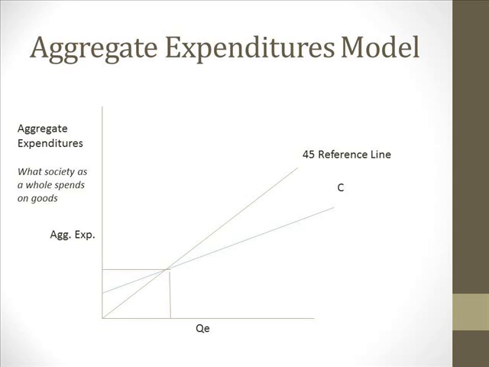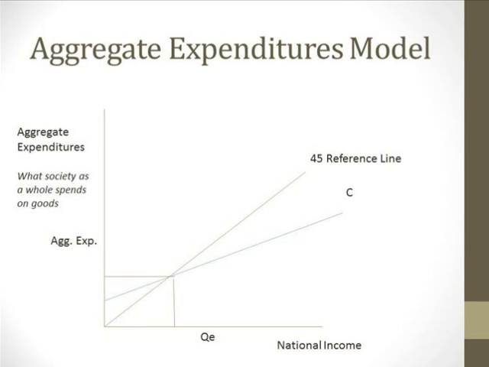And it's not surprising that consumption would determine the slope of the AE line, and everything else is just added to it, because we know consumption is the greatest part of GDP. That's something that we've talked about before, that the greatest component of the four in GDP is consumption. So they're the ones that determine what the AE line is going to look like.